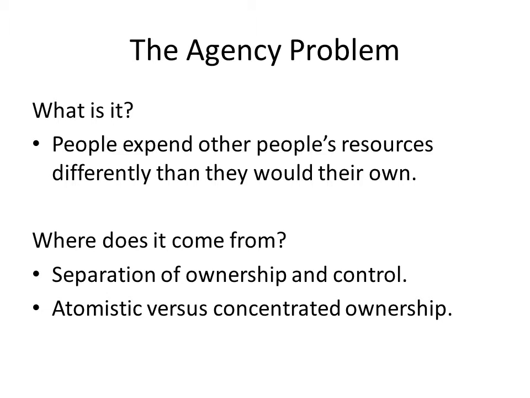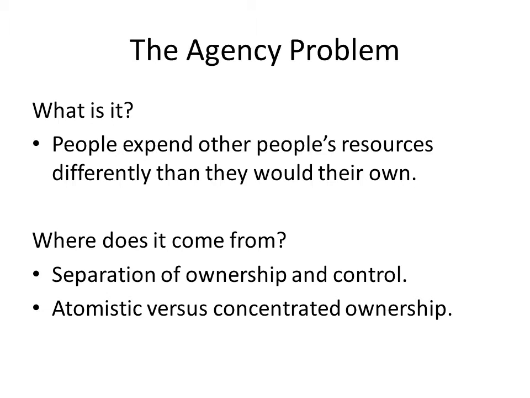In fact, that leads us to our next question. Where does the agency problem come from? It's the separation of ownership and control. In small firms, such as sole proprietorships, ownership and control are invested in the same person, meaning that the manager of the firm also owns the firm.